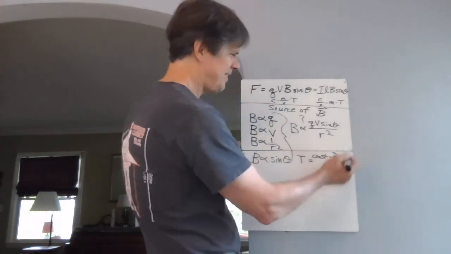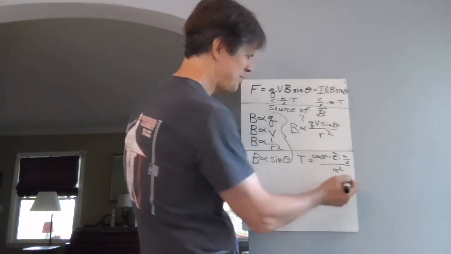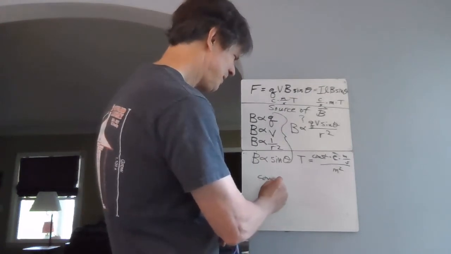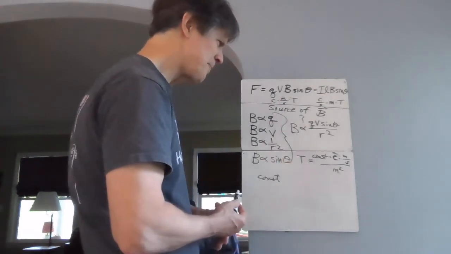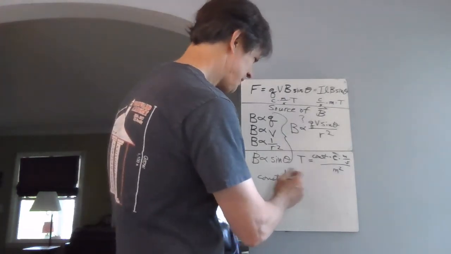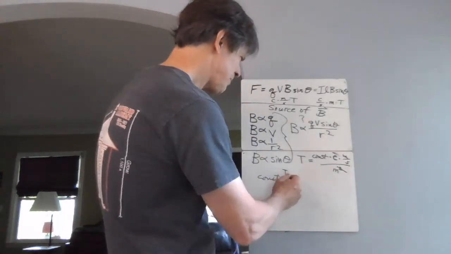Sine theta doesn't have any units, and this all gets divided by square meters. So the constant would have units of Tesla. Oh, hey, wait a second. It helps a little bit. Tesla meters.